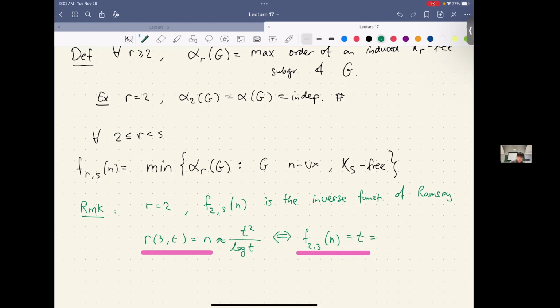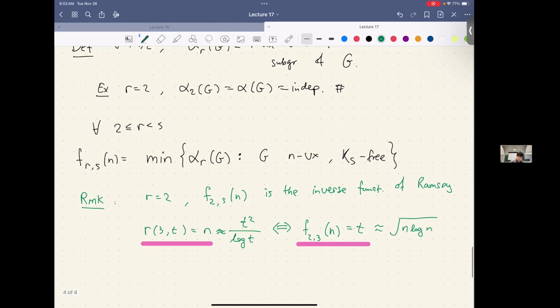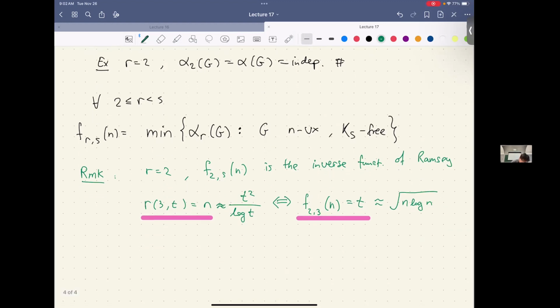Equals to roughly square root n log n. So here's an example. And now we also know F24 because of the Ramsey results. So Ramsey R4T is roughly t cubed up to polylog.